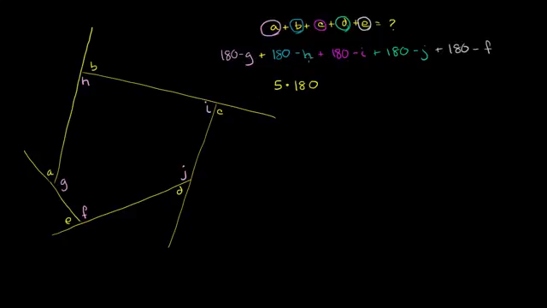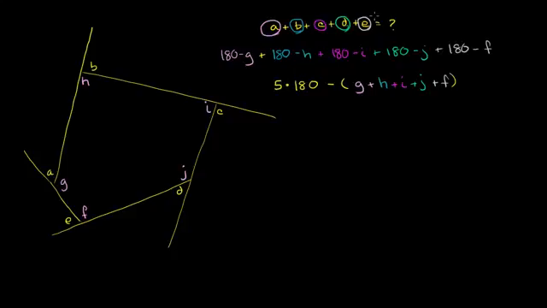And then you have minus G, minus H, minus I, minus J, minus F. Or we could write that as minus G plus H plus I plus J plus F, factoring out this negative sign.